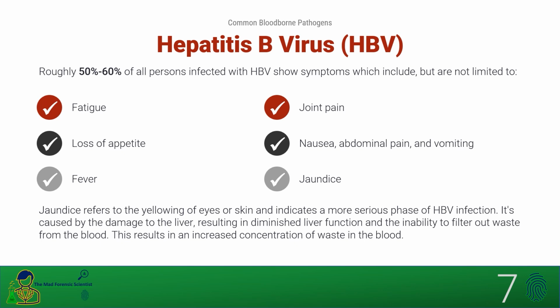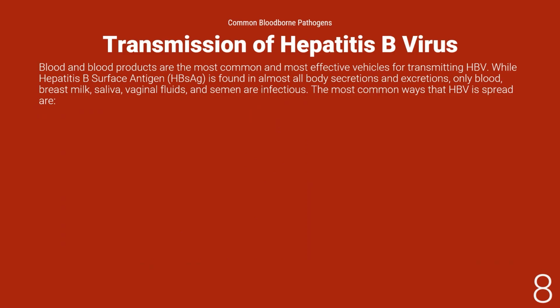How hepatitis B is transmitted. Blood and blood products are the most common and effective vehicles for transmitting HBV. While hepatitis B surface antigen is found in almost all body secretions and excretions, only blood, breast milk, saliva, vaginal fluids, and semen are infectious.